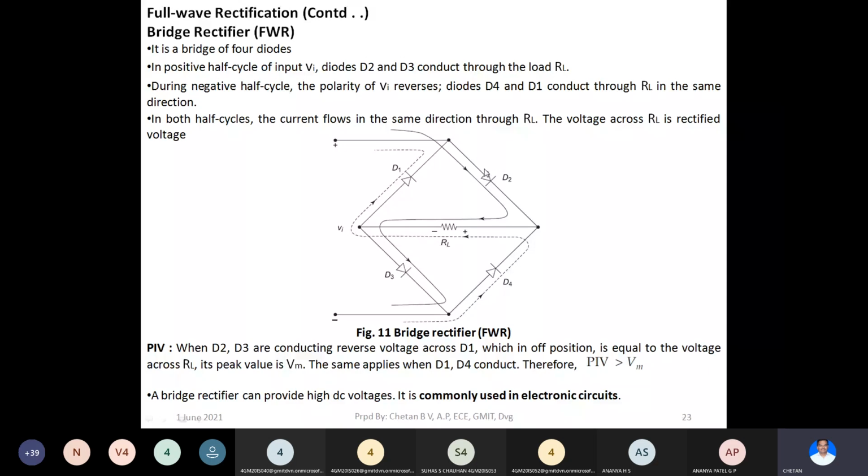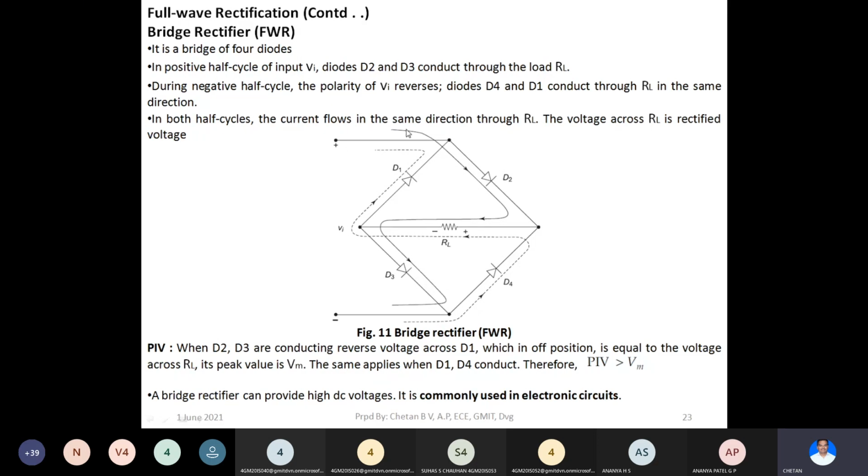If D2 is conducting, it means that it is a closed circuit. It means that the anode of D3 through this resistor comes in contact with the positive terminal of the supply. Therefore, if D2 is forward biased, D3 will also be forward biased. Therefore, the current will take this path.